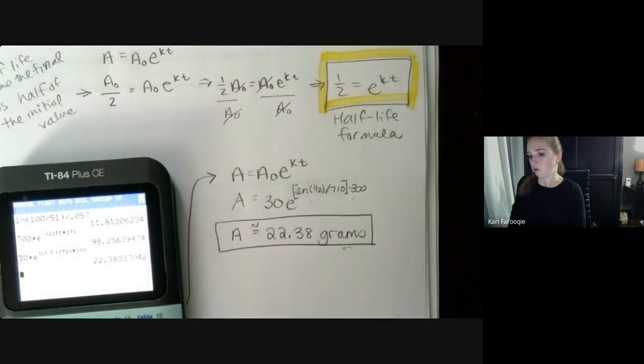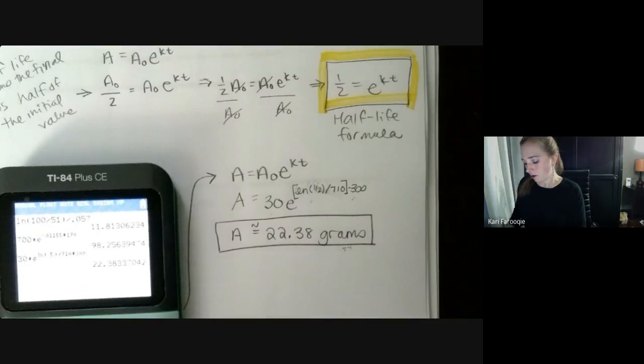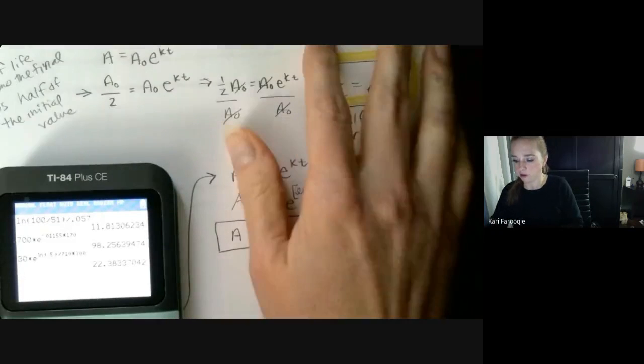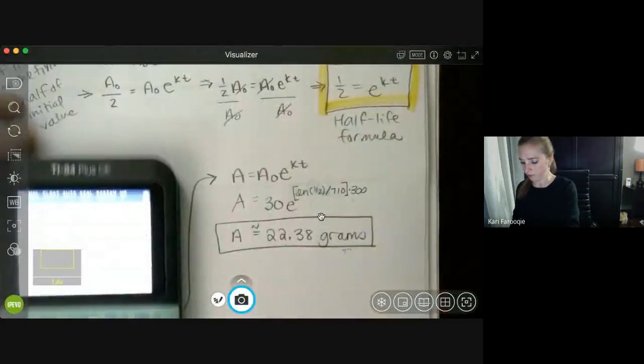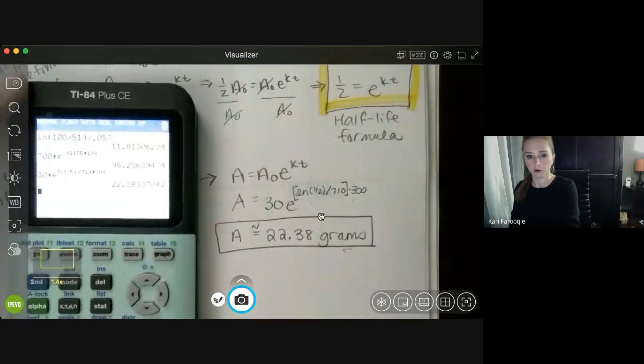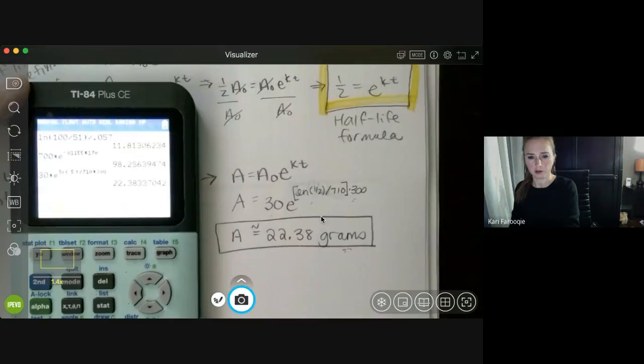Jimena got 0 when she plugged it into her calculator. How did she get that? I'm going to guess, Jimena, that you have something missing in either a parenthesis or, let's see if I can replicate. Whatever it was probably small enough that it went down to 0.